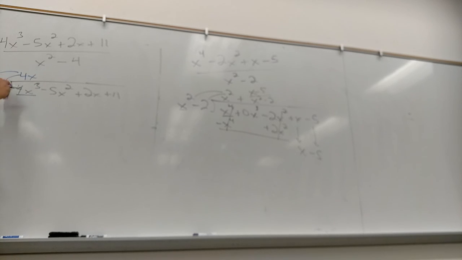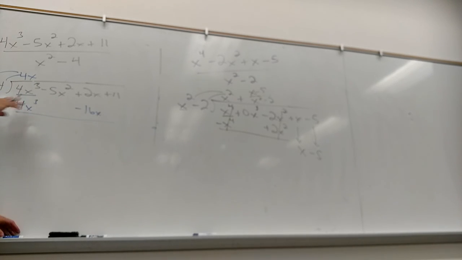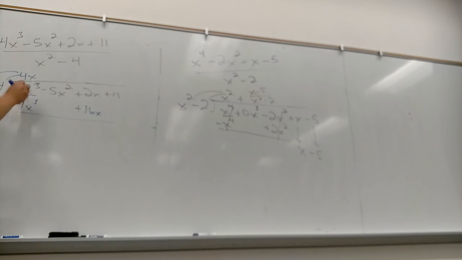So the 4x times x squared is 4x cubed. 4x times negative 4, negative 16x. So I should put it here, right? So then what? Change the signs. So that cancels like it's supposed to.